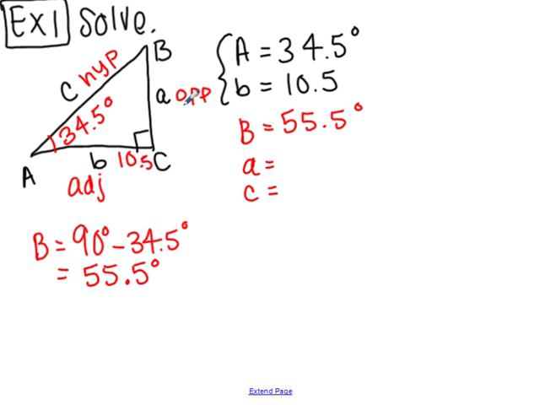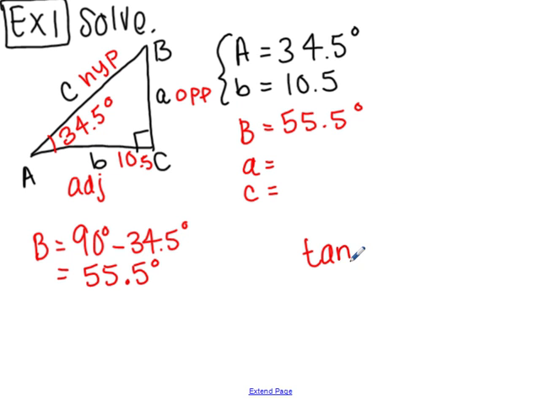Now I need to find side a. I have my angle that's given to me, angle A. Across from it is lowercase a, and touching it is side b, 10.5. There is a trig function that involves opposite and adjacent. Opposite over adjacent is tangent.